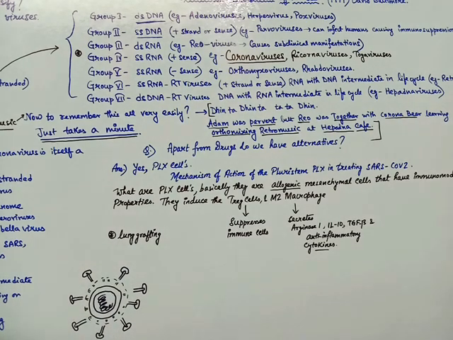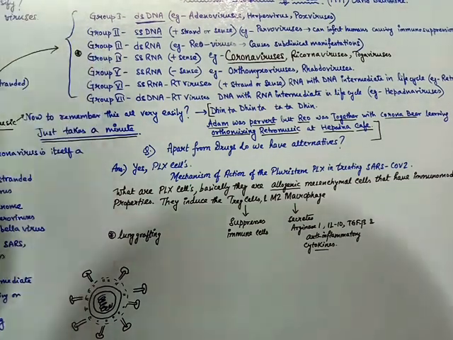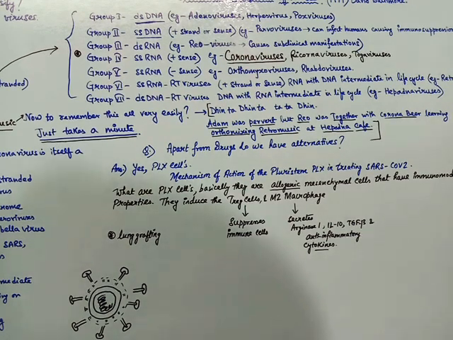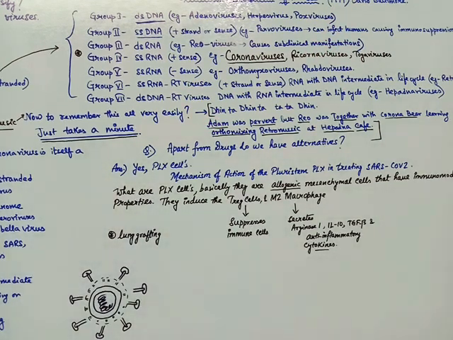Next I'll be talking about group 2, single-stranded DNA, which can be positive strand or positive sense, like parvovirus, which can infect humans causing immunosuppression. We also have the group 3 dsRNA viruses, which are basically the reovirus, which causes subclinical manifestations in humans, so we don't get so sick because of this, and it is basically treatable, so we don't give this virus so much consideration nowadays.